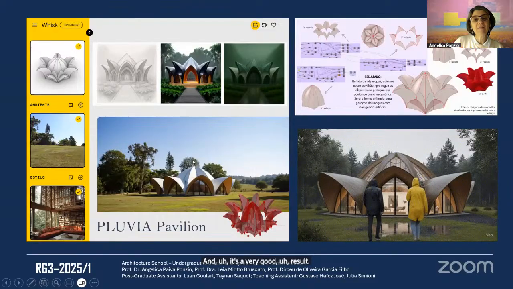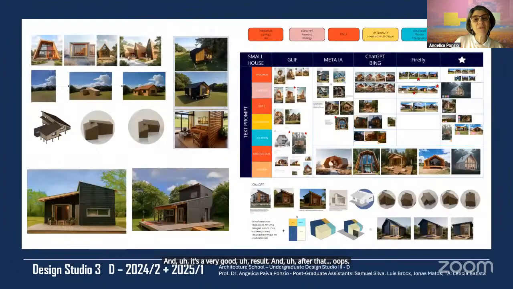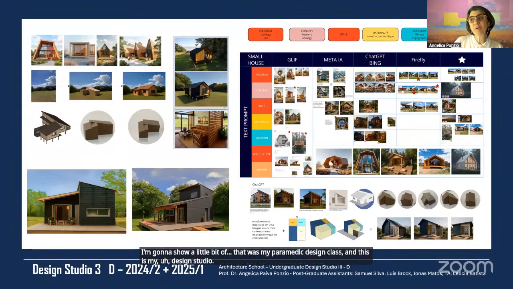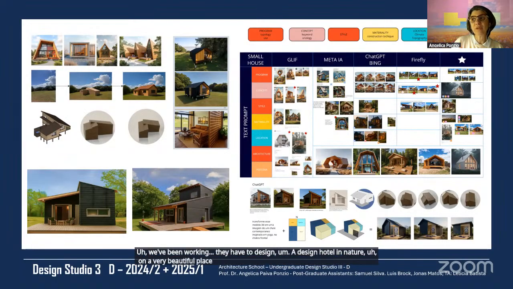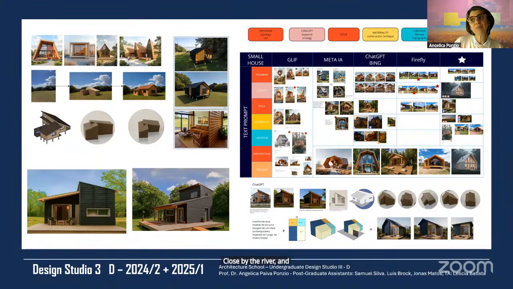And after that, oops, I'm going to show a little bit of, that was my parametric design class, and this is my design studio. We've been working, they have to design a design hotel in nature, on a very beautiful place close by the river, and have to do small little units.